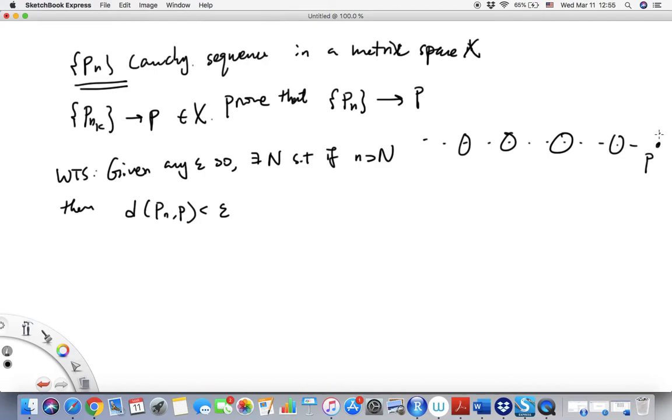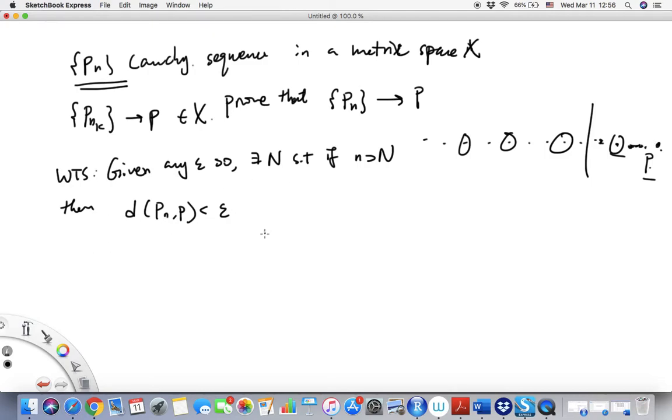Let's say after this point, your subsequence is very close to P. Now, because Pn is a Cauchy sequence, these points are very close to that. So this is close to P, and this is close to this. By application of the triangle inequality, you can show these points are also close to P. Now we have to just make it rigorous.